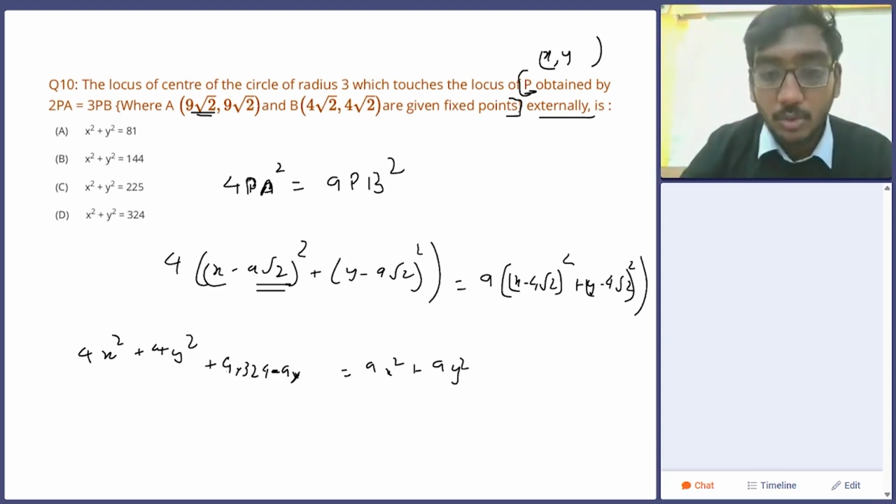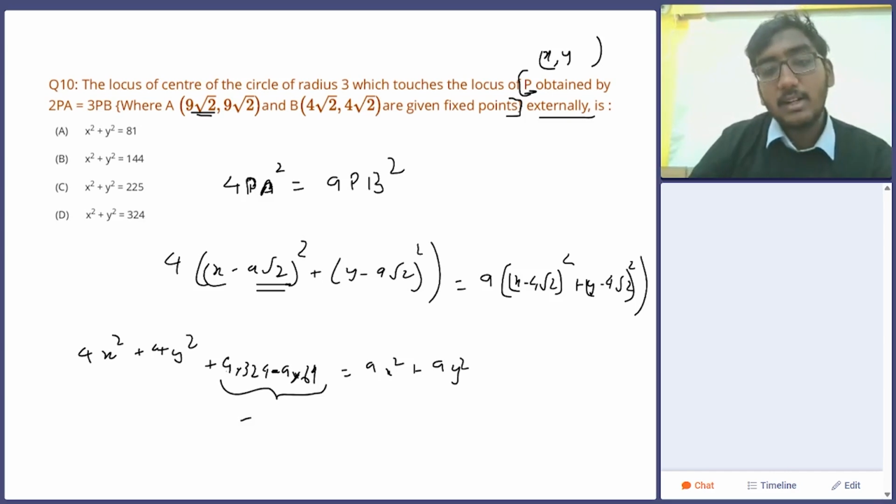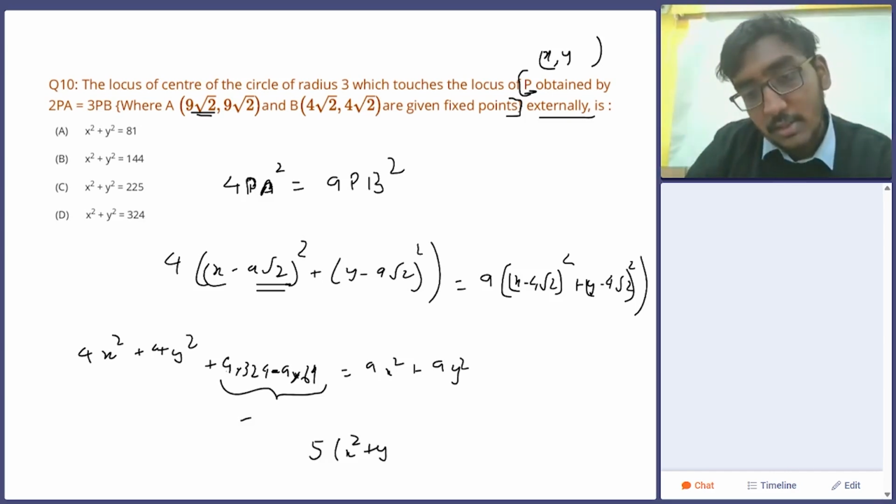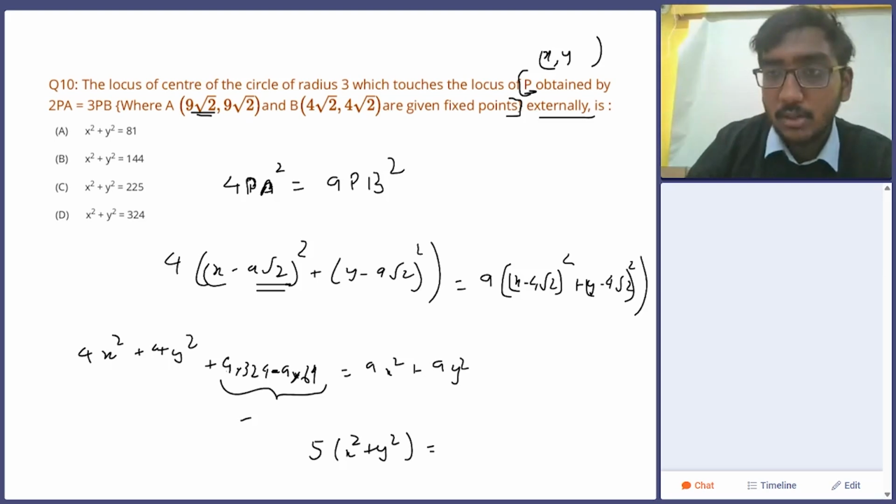So 2 into 4 root 2 whole square will be 64. So this particular value is what? Wait. First we'll subtract this 4x square and 4y square on the other side. What we will get is 5 into x square plus y square, and that will be equal to what?